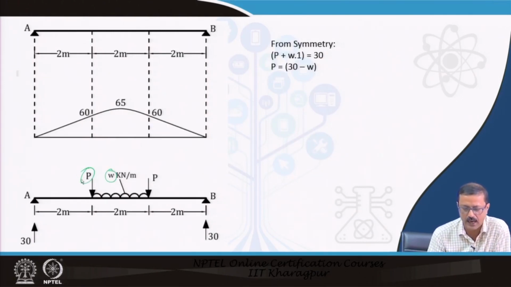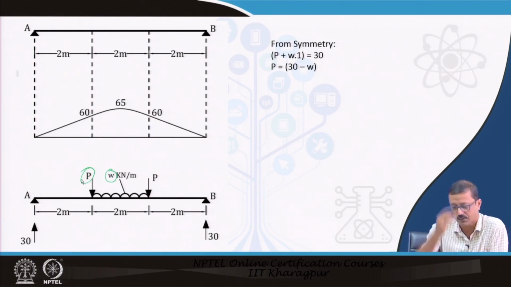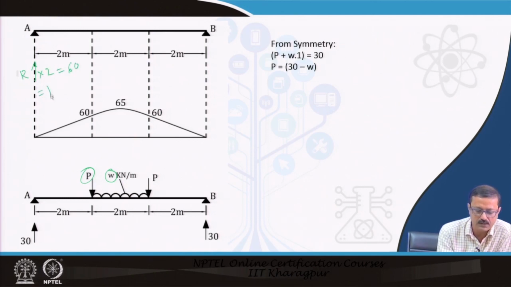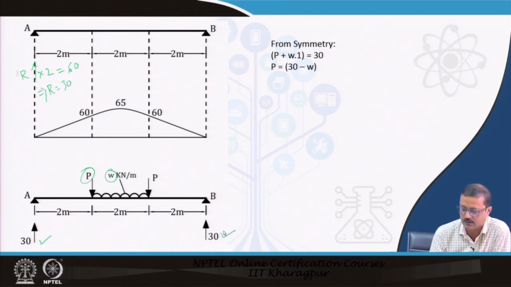But I do not know the values of P and W. I know that the reaction R multiplied by 2 must be equal to 60, that means the reaction is equal to 30. So, this is 30, this is 30.